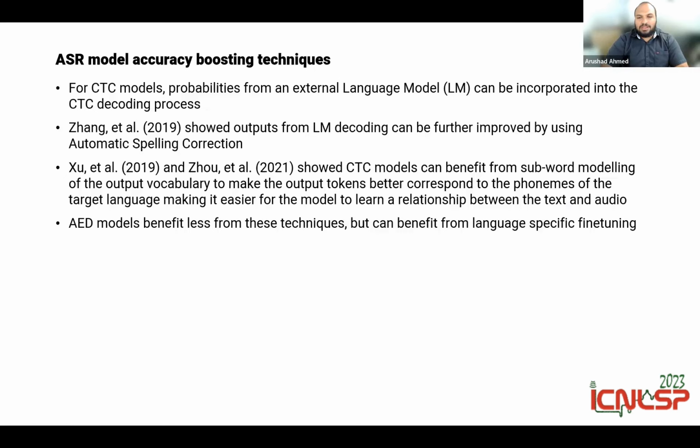Previous research has also shown that language model decoding results can be further improved by using automatic spelling correction, such as using a text transformer model. It's also very important for the CTC output vocabulary to match the phonetic characteristics of the target language. So instead of using a character-based vocabulary, if your output vocabulary consists of subwords, this has also been shown to improve the accuracy. Sequence-to-sequence models benefit less from these techniques, but they can also benefit from language-specific fine-tuning.